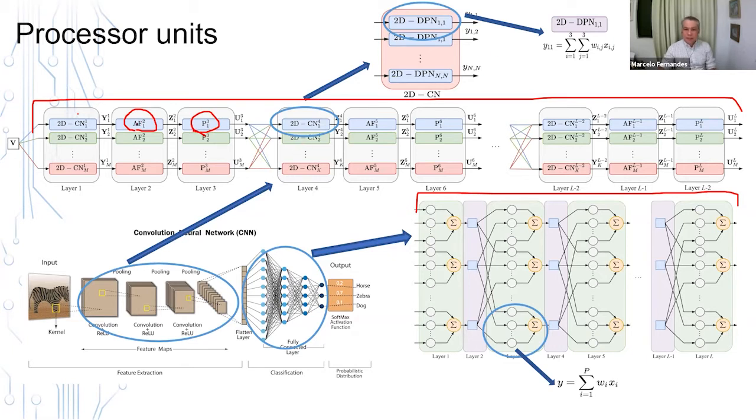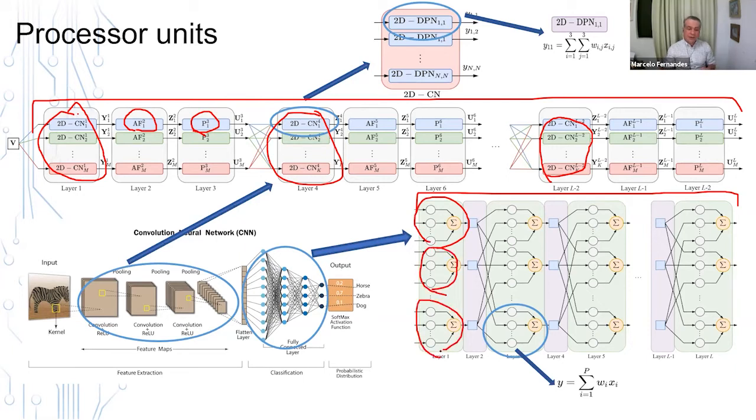These guys are more expensive, they spend more time to process. And of course you have many processor units.